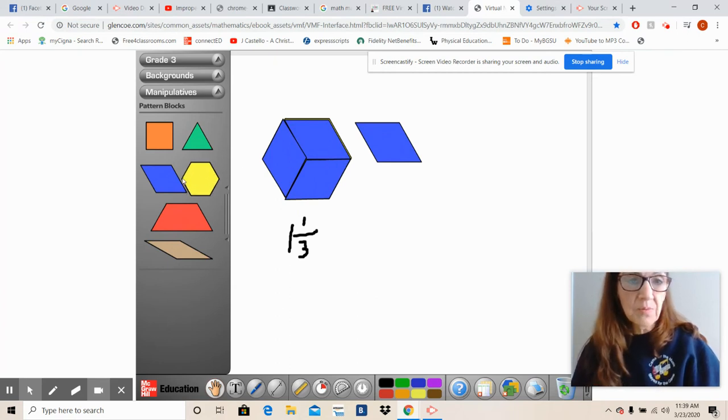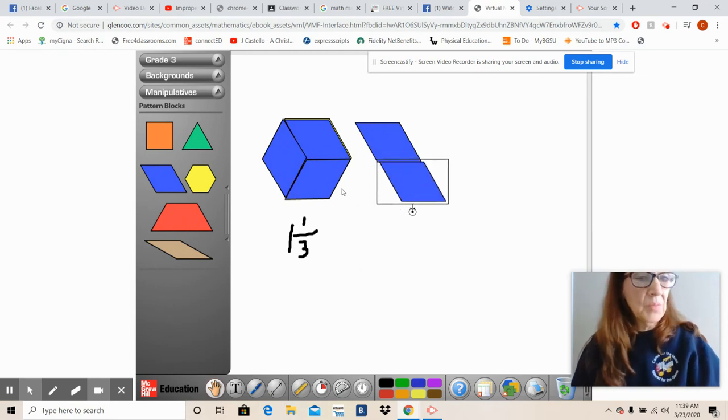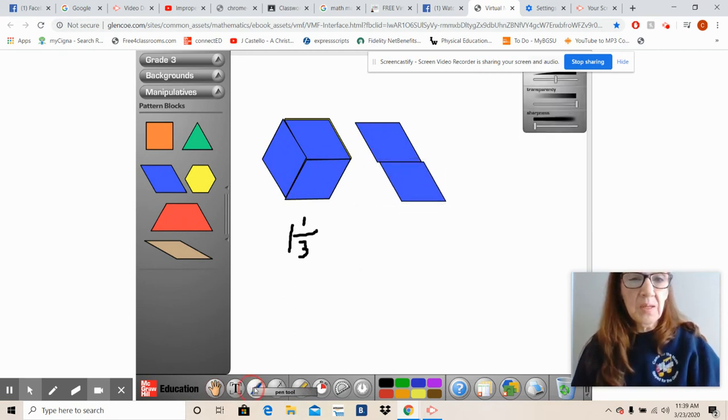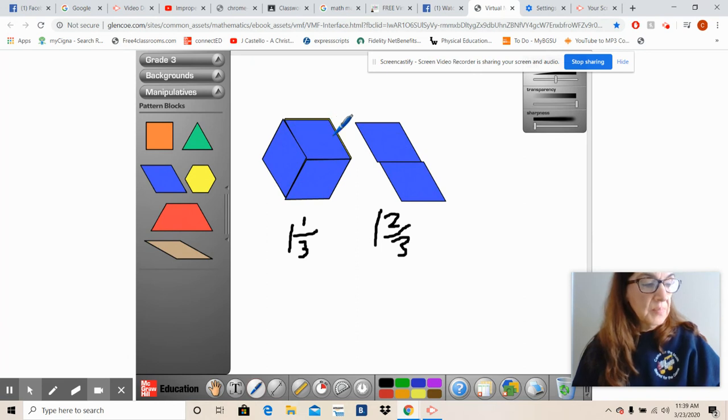So there's 1, 2, 3, 4, 5. Okay, the answer would be 1 and 2/3. So we have 1 whole cake and we have 2/3 of the cake.